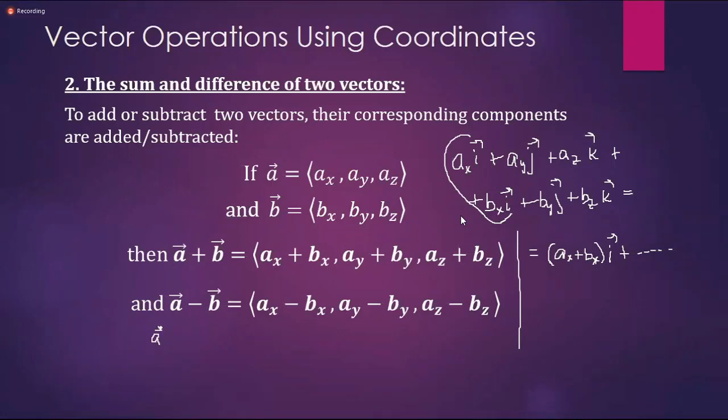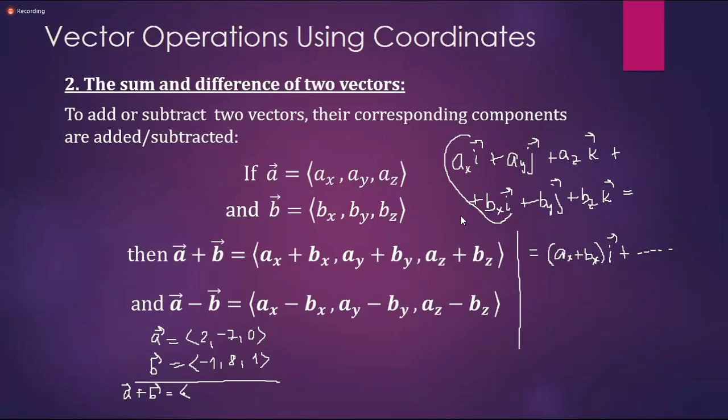For example, if we have a vector A, 2, minus 7, 0, and then the vector B, which is, for example, minus 1, 8 and 1, then when you add these two vectors, it's actually very easy to do it horizontally, no problem at all.